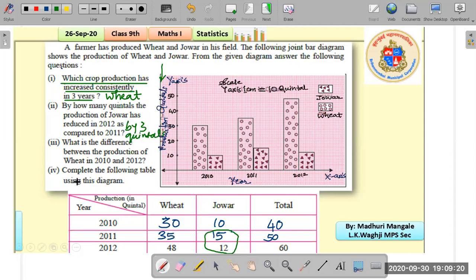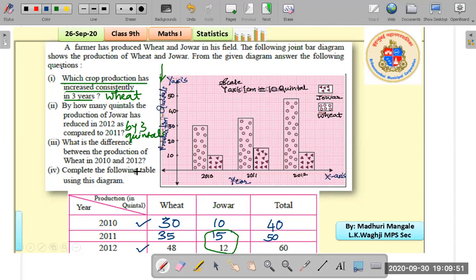And next, the next question is, what is the difference between the production of wheat in 2010 and 2012? So the production of wheat in 2010 is 30 and in 2012 is 48, right students?